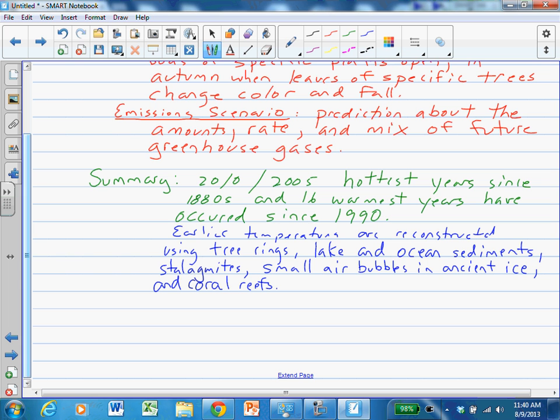Spring in the northern hemisphere now comes 6 days earlier than in 1959.